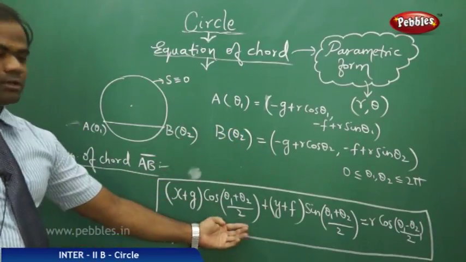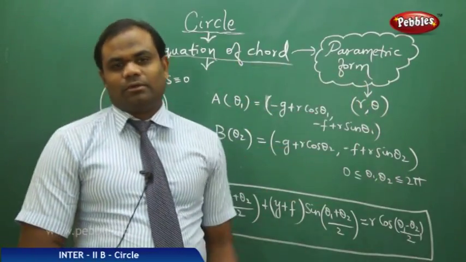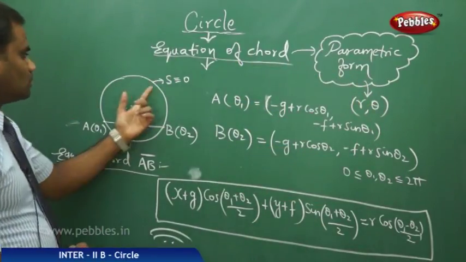So equation of chord is this in parametric form for the circle S equal to 0.